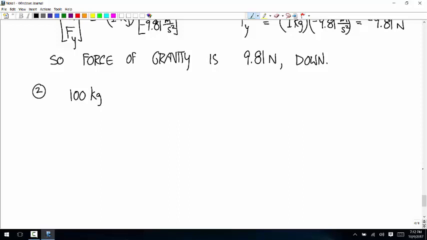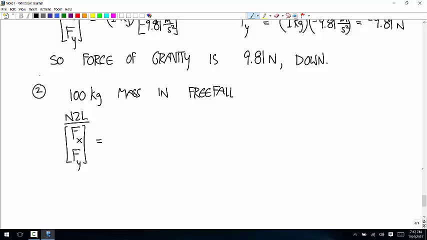First, be very careful with 100 kilogram masses in free fall. Okay, so Newton's second law here says Fx and Fy is equal to the mass times the acceleration. What's the acceleration of the 100 kilogram mass in free fall? Still the same.